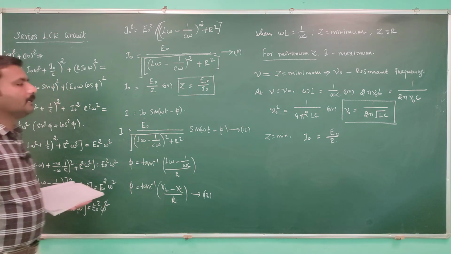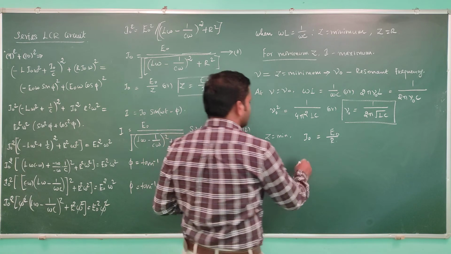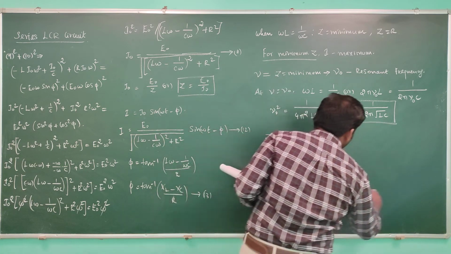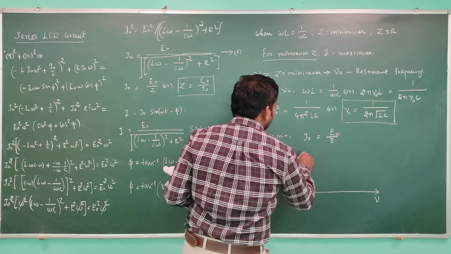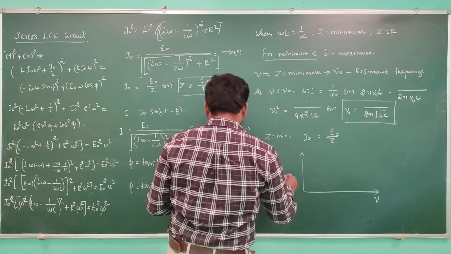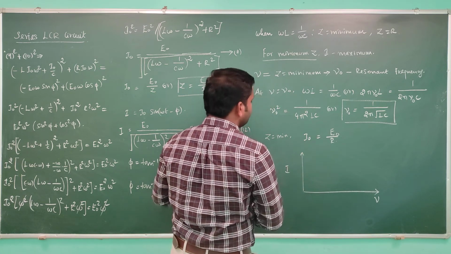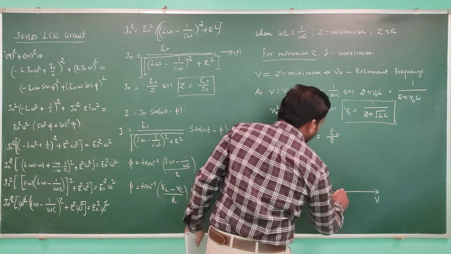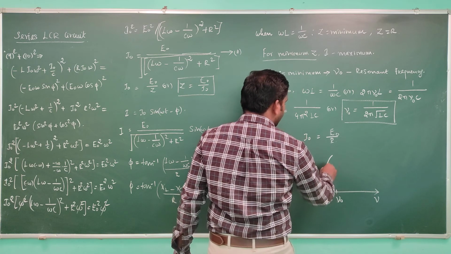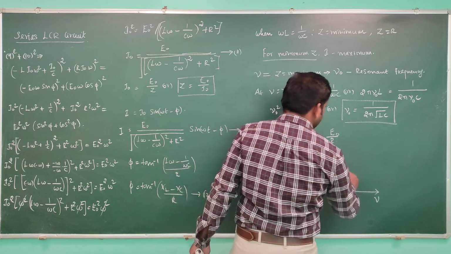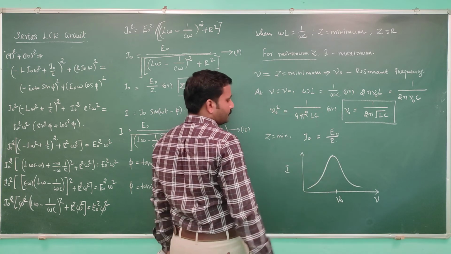One more thing you can do is draw the frequency response diagram, nu versus current I. This current I is maximum at nu naught, and it decreases on either side.